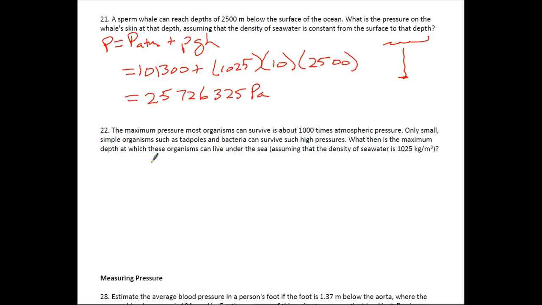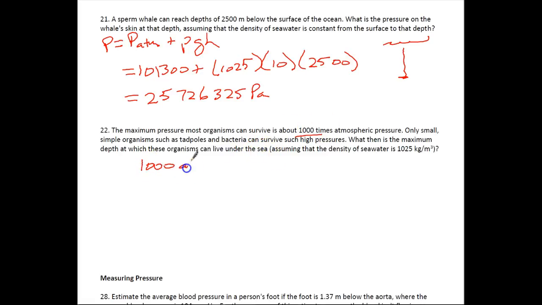The next question is the maximum pressure most organisms can survive is about 1,000 times atmospheric pressure. Only small, simple organisms such as tadpoles and bacteria can survive such high pressures. What then is the maximum depth that we could dive down to in order to see what that pressure would be? So we've got 1,000 times atmospheric pressure.